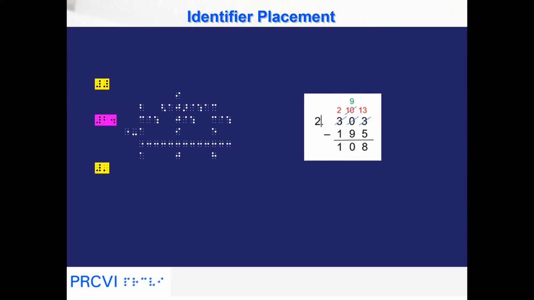Note that the item number is starting on the line where calculation begins. It's not starting at 9, it's starting with the line where calculation begins. Similarly, in multiplication, the item number is in line with the multiplicand.